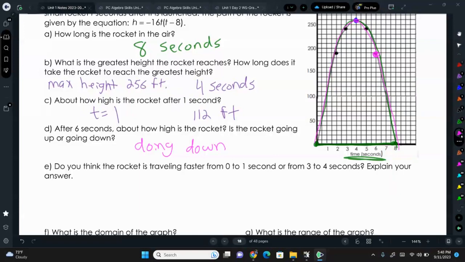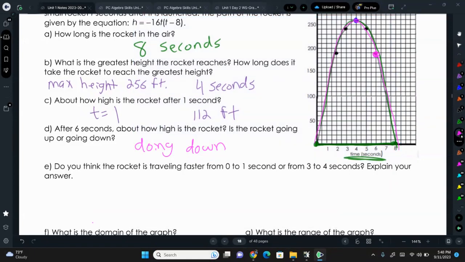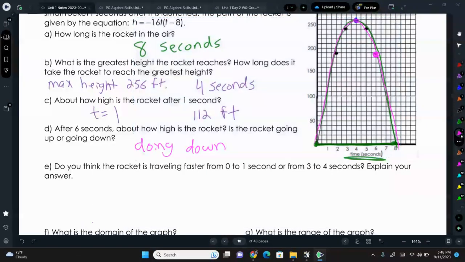This one requires a little bit of thinking. Do you think the rocket is traveling faster from 0 to 1 second or from 3 to 4 seconds? Well, if we erase all this junk here, let's compare the slopes of those, because that might give us a good idea of what's going on, because slope is your rate of change.